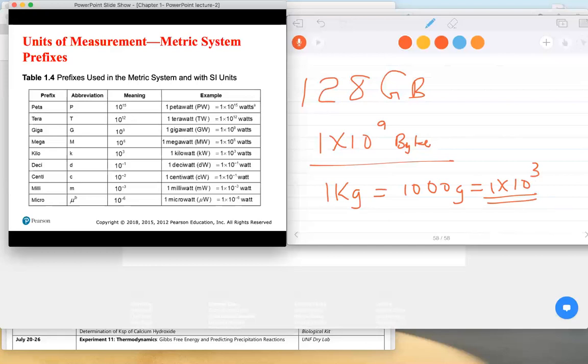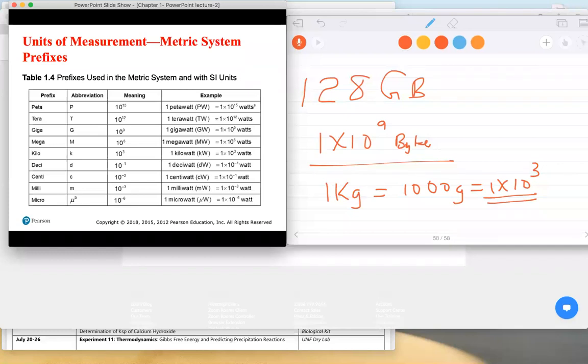You should know, all right, in this slide, table 1.4, please memorize the names of the prefixes. Peta means you have raised the base unit by this value, 1 times 10 raised to 15. These are just examples. Tera means you have increased the base unit by 1 times 10 raised to 12. So it could be terabytes.